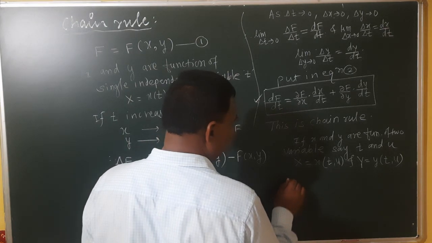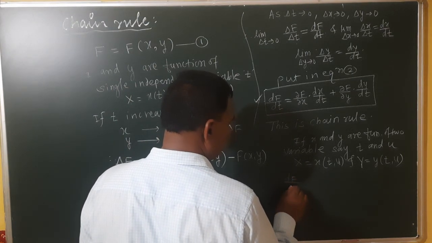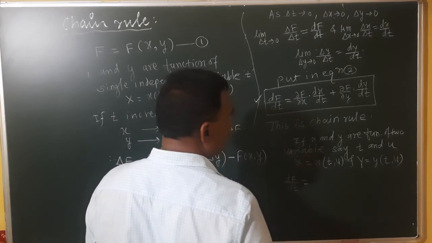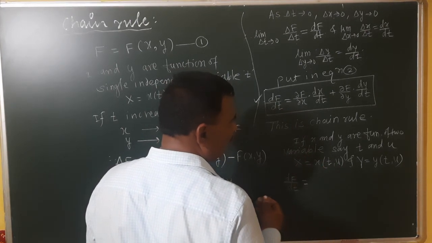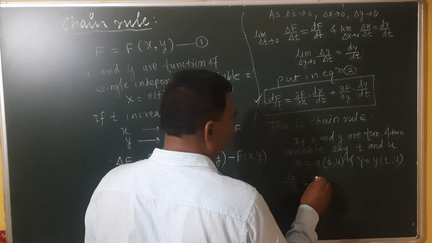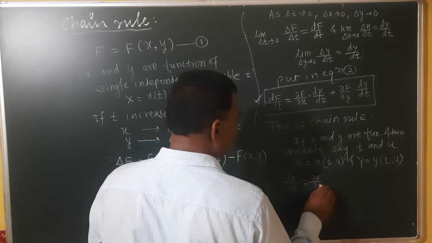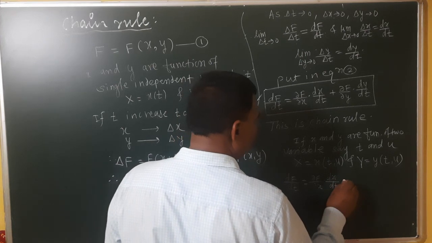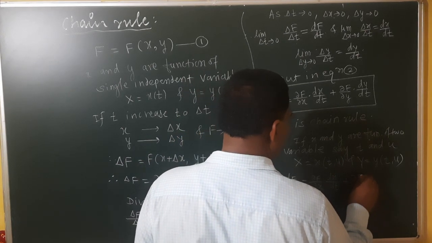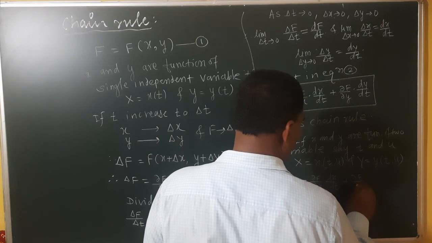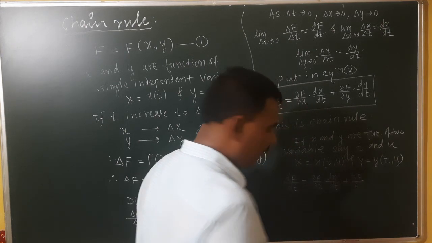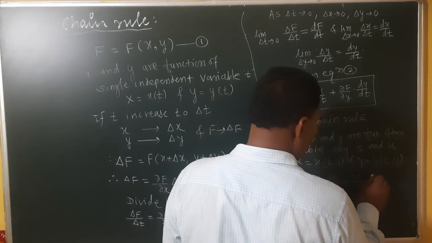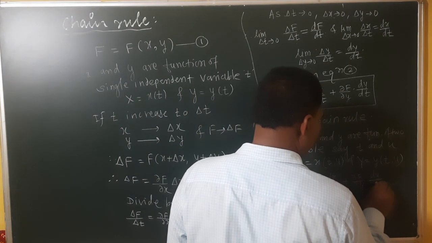df by dt is equal to, we write first for t and then for u, dou f by dou x into dx by dt plus dou f by dou y into dy by dt.